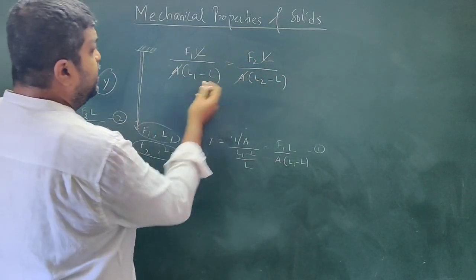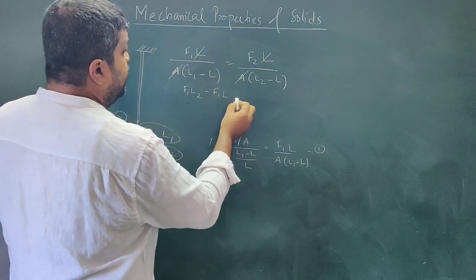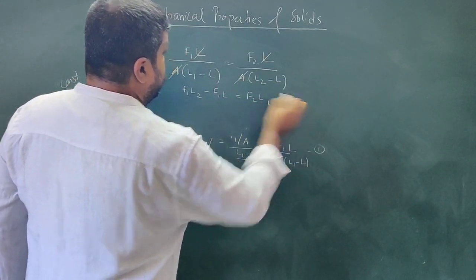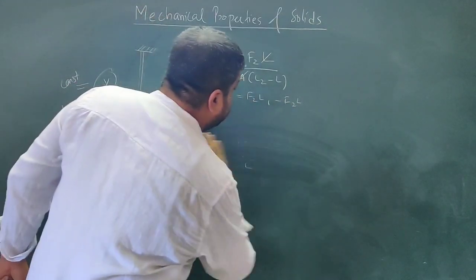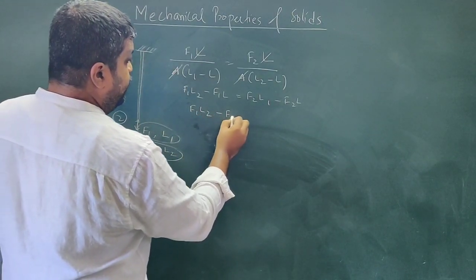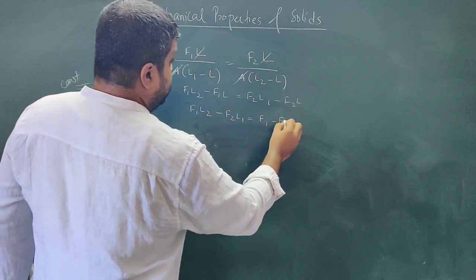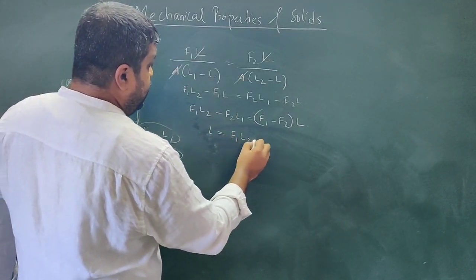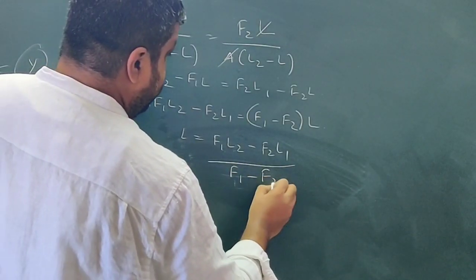If I multiply, this is F1 L2 minus F1 L is equal to F2 L1 minus F2 L. So from this, F1 L2 minus F2 L1 is equal to (F1 minus F2) into L. So L becomes (F1 L2 minus F2 L1) divided by (F1 minus F2).